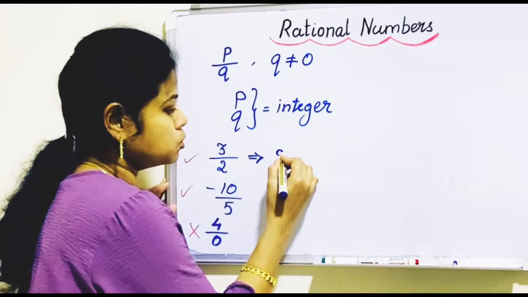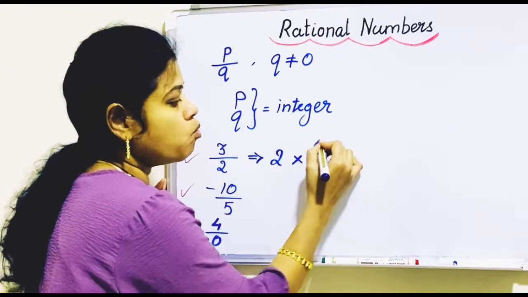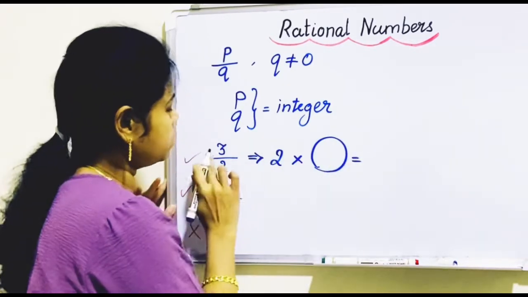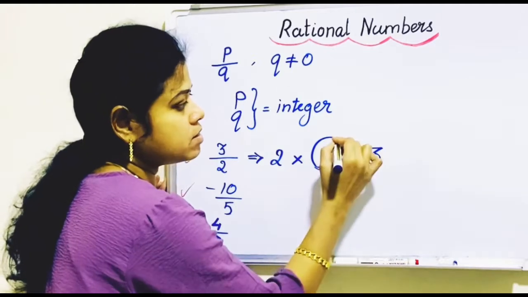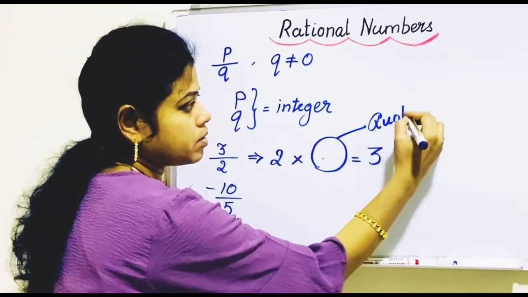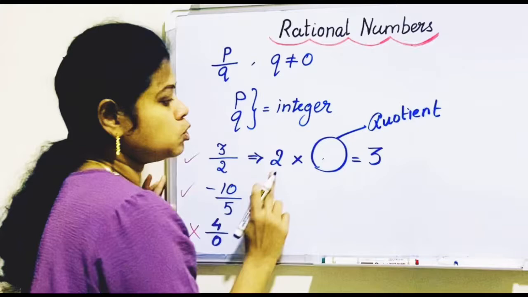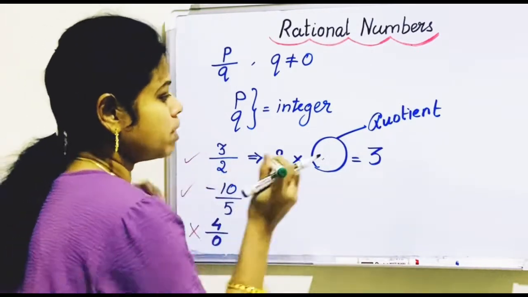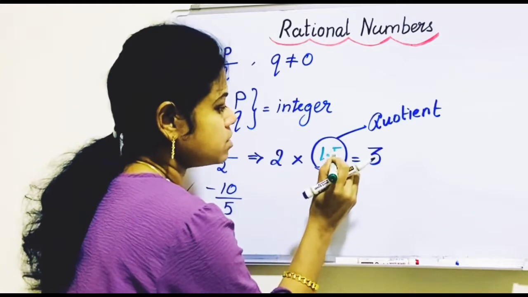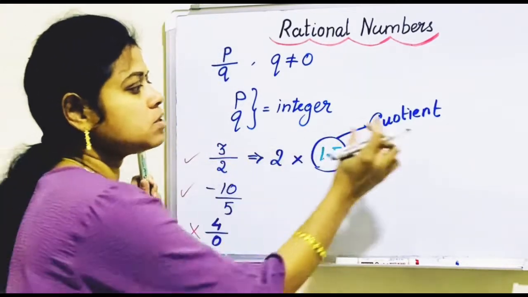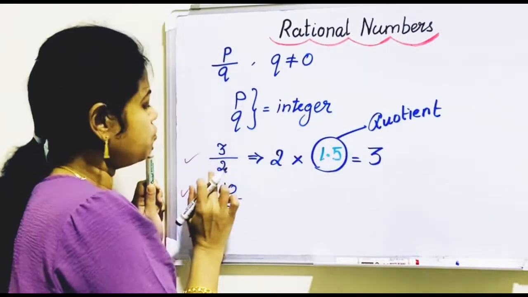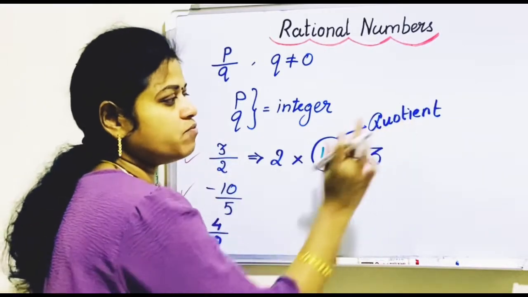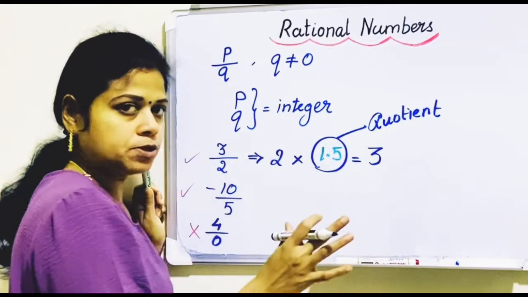So 2 multiplied by what gives you this 3? 2 multiplied by 1.5 is 3. So for this number, the quotient is defined.